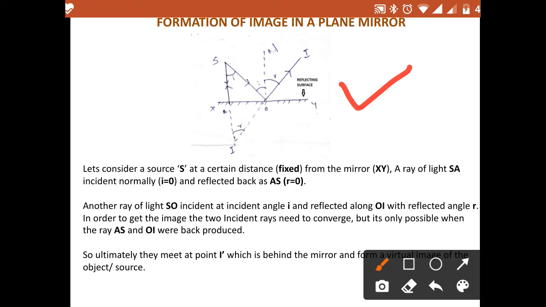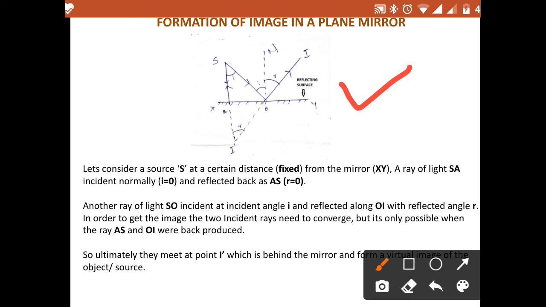In order to produce an image, the rays AS and OI' need to be back produced so that they will converge at a certain point, and at that point where the two rays converge, the image will form. So AI' is the back produce of ray AS and OI' is the back produce of ray OI.